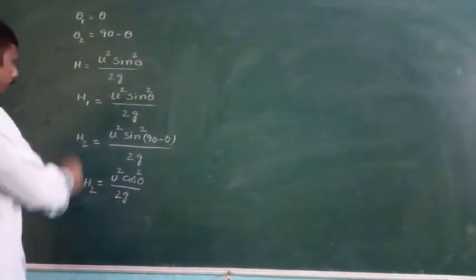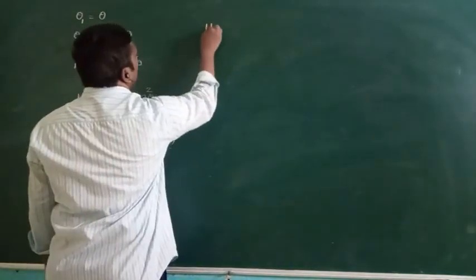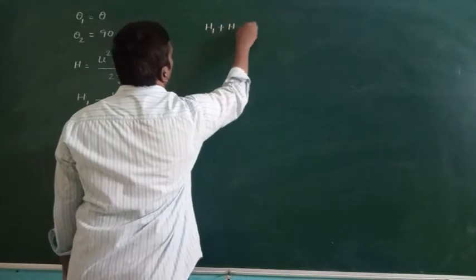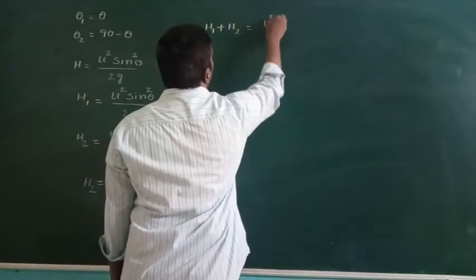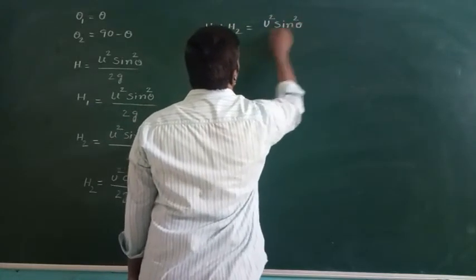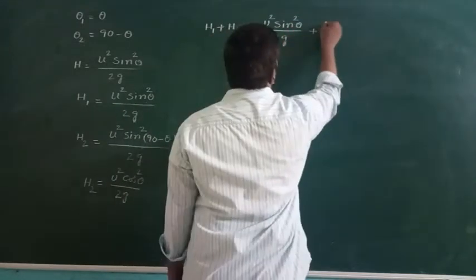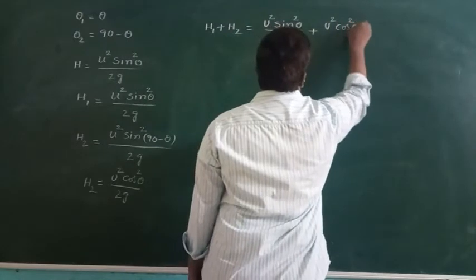So if we add H1 and H2, then H1 plus H2 is equal to u square sin square theta by 2g plus u square cos square theta by 2g.